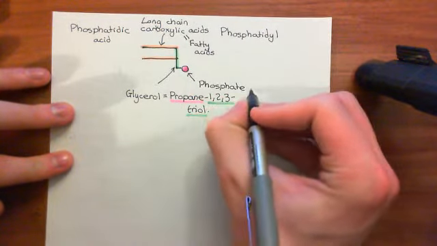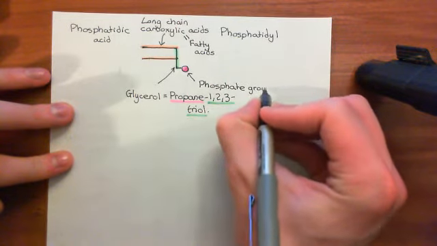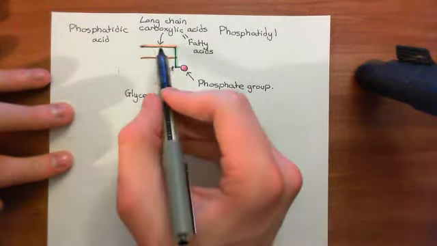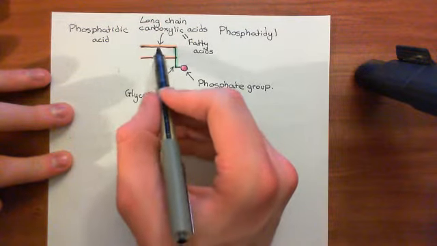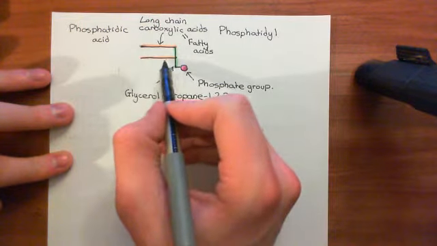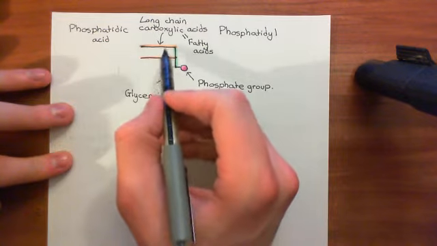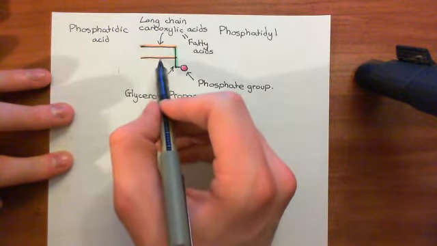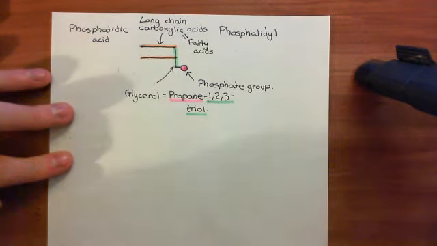Now, the first thing to say is that there is not just one phosphatidic acid molecule, because I did not specify what the long-chain carboxylic acids in this position and this position should be. These could have been any long-chain carboxylic acids you like, and they don't have to be the same. This one could be different from this one. This could be palmitic acid, this could be myristic acid. But there are loads of other examples of long-chain carboxylic acids present within cells as well.